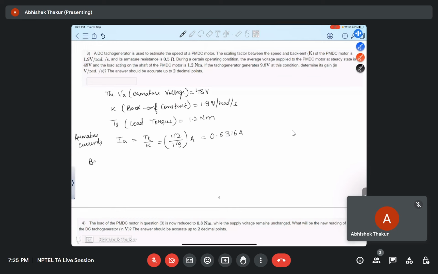Now back EMF E is equal to V minus IA RA. So this is equal to V, given as 48, minus IA, which is 0.6316, and RA, which is given as 0.5. Here in this question, armature resistance RA is given as 0.5 ohm.